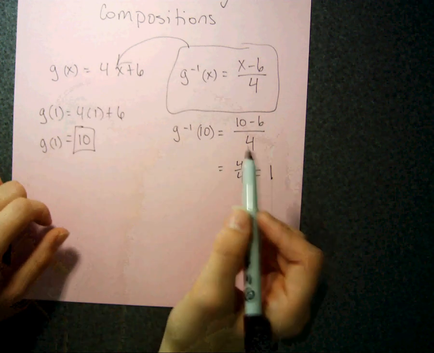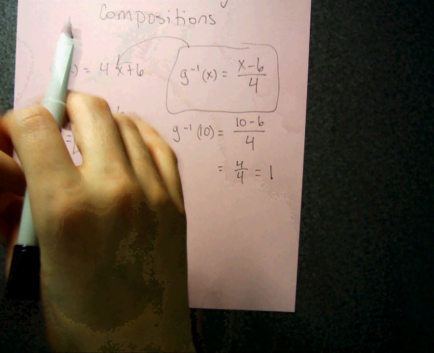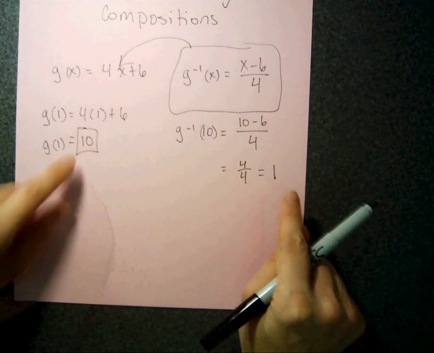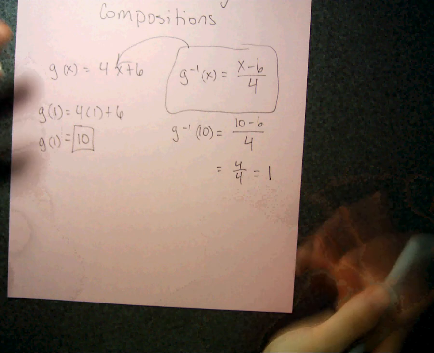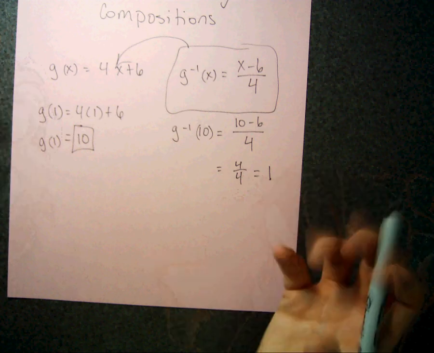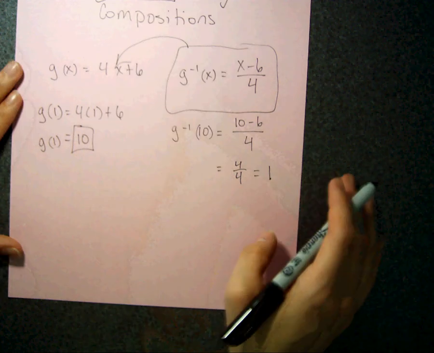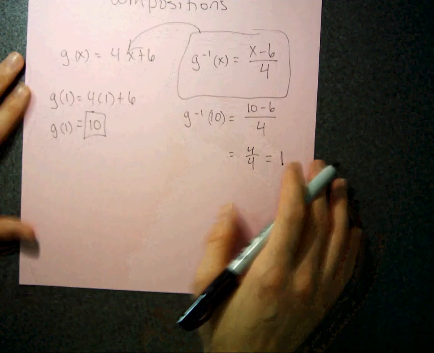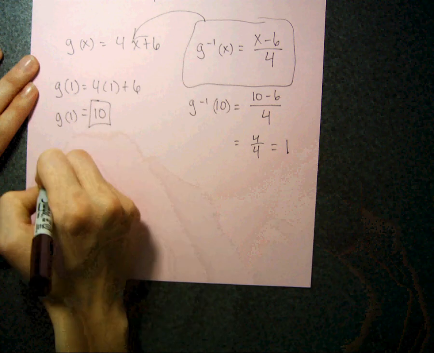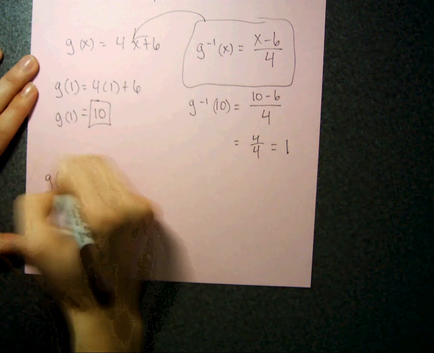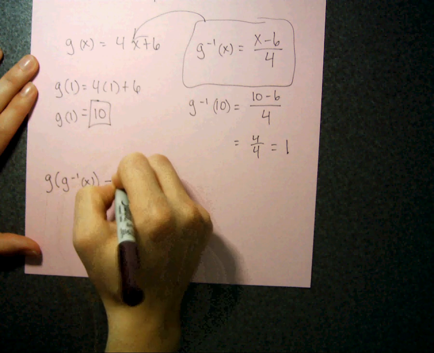So if I plug the inverse into the original function, compose them, or vice versa, I'm going to get the original x value back out. We looked at it with numbers, but if I don't put any numbers in it, if two functions are in fact inverses, when you compose them, you will get x back out. This is a property of inverse functions. So if I have g and I plug in g inverse of x, I will get x back out.